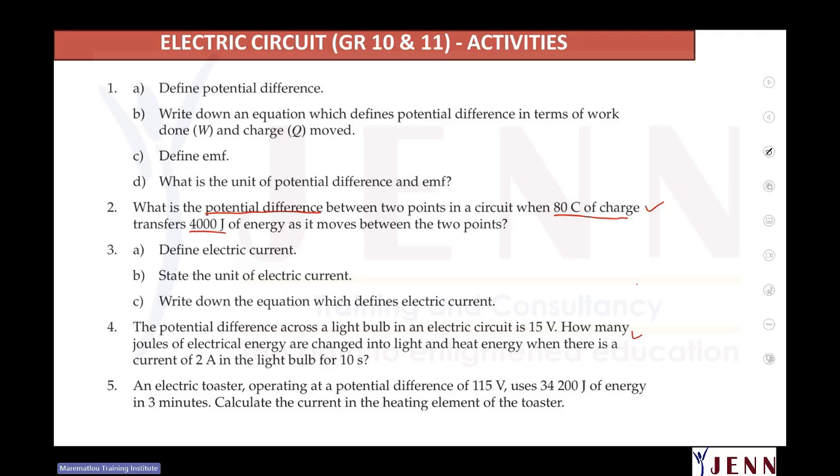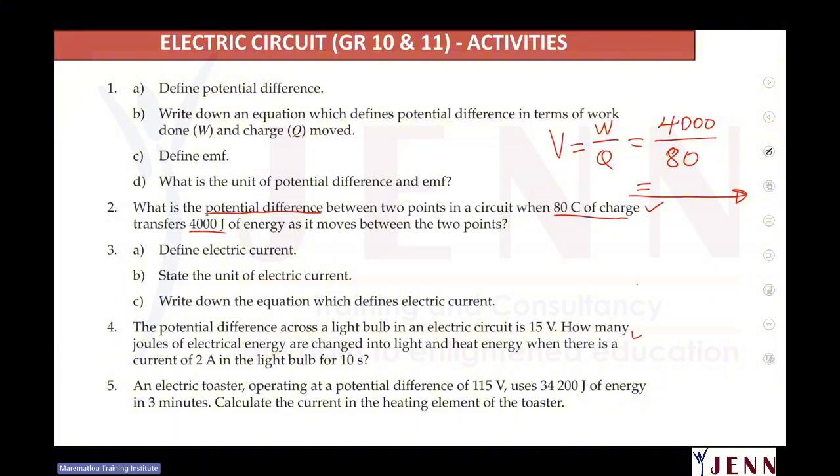To answer that question, it's asking us to calculate V in terms of work done over charge. We have work done of 4,000 divided by charge, which is 80. You will get your answer as you press your calculator.